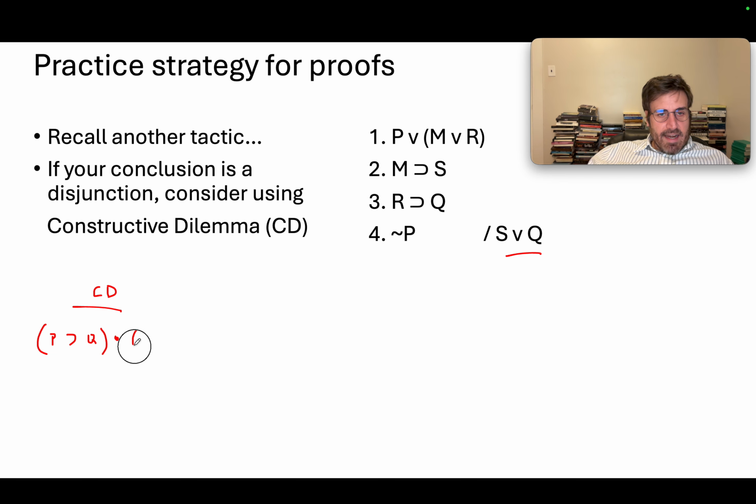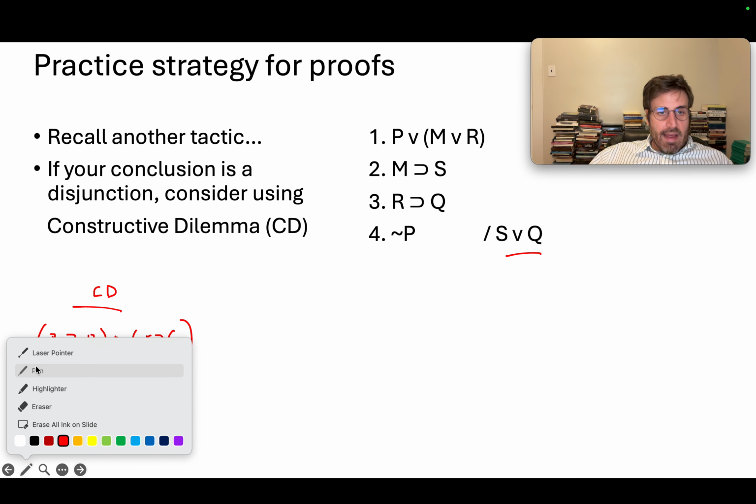And then as the second conjunct, we have if R, then S. The second line of the rule is the disjunction of the antecedents, either P or R. And if we're set up with that, we can infer the disjunction of the consequence, either Q or S. All right, so that's the standard form for constructive dilemma.